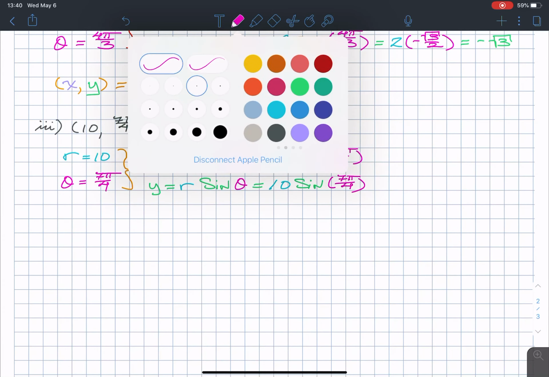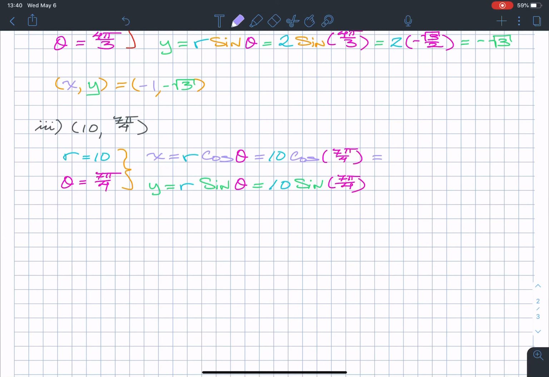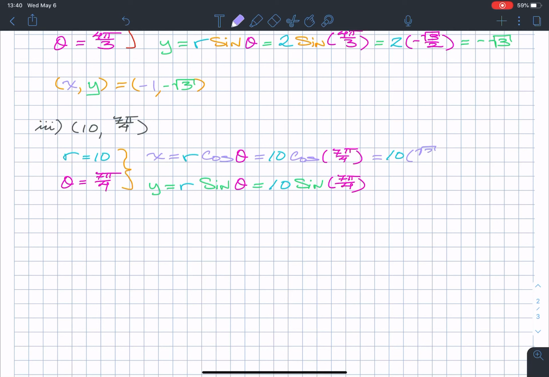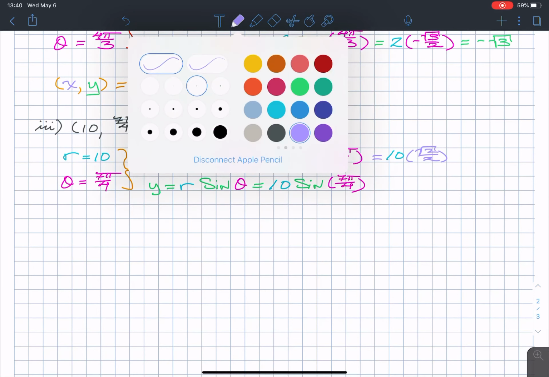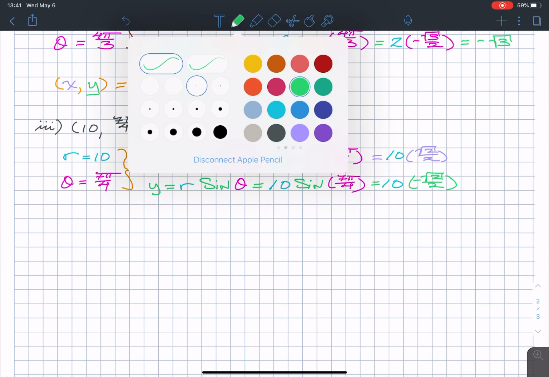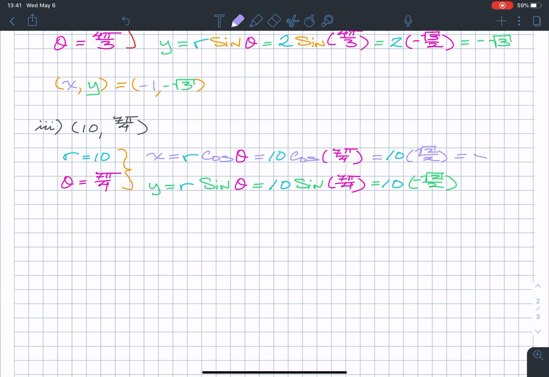So what I get then for x is going to be positive 10 times positive root 2 over 2. Whereas for y, I'll have a positive 10 times a negative root 2 over 2. So in the end, what we get for x is 5 root 2, and what we get for y is a negative 5 root 2.